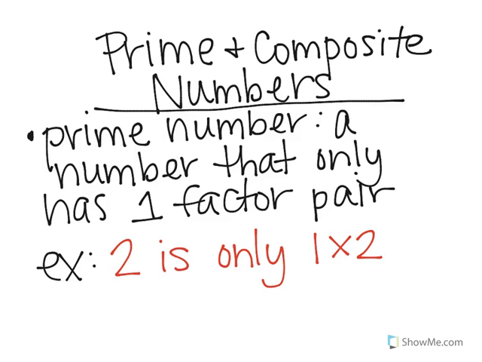Then let's go to prime and composite numbers. Well, a prime number is a number that only has one factor pair, and it's usually 1 times something. So if we look at 2, 2 is only 1 times 2. Nothing else will equal 2, so therefore it only has one factor pair.